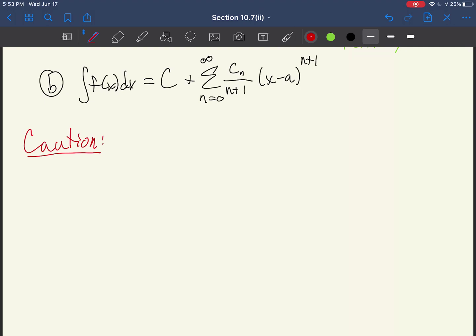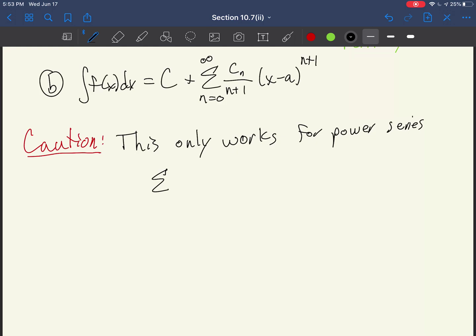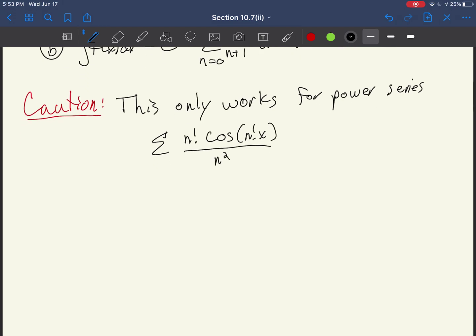So big caution here. Haven't really emphasized this yet, but everything we're doing is true for what I'm about to say. This only works for power series. The summation of n factorial cosine of n factorial x divided by n squared, this is not a power series.